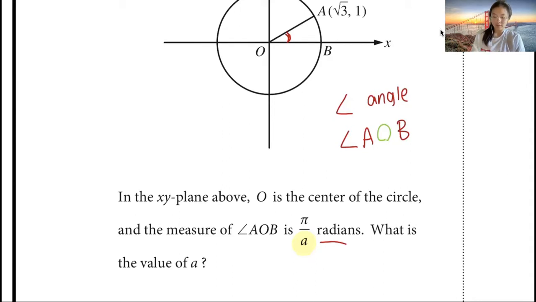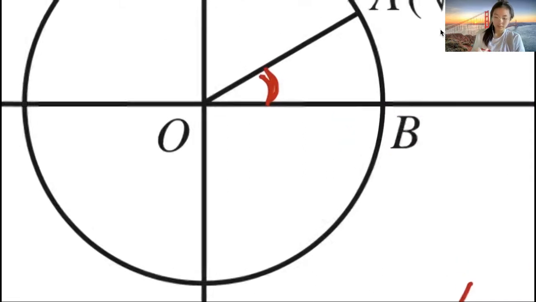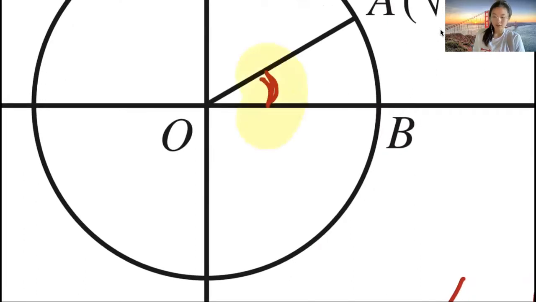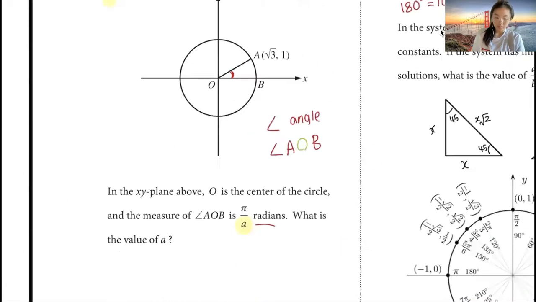So it's showing this angle right here. So essentially whatever's being sandwiched, or whatever's in between the sandwich, is going to be the angle that the description is trying to tell you.